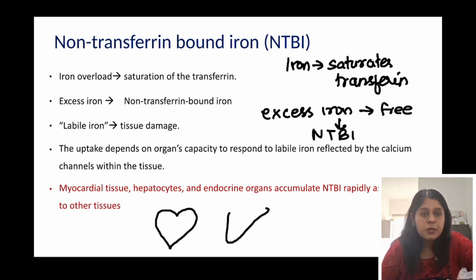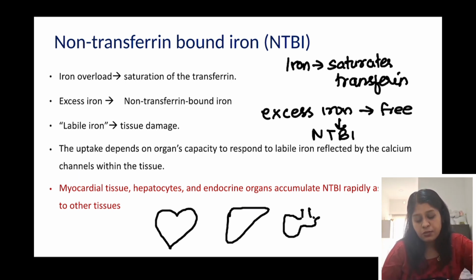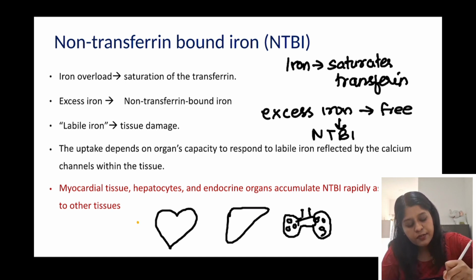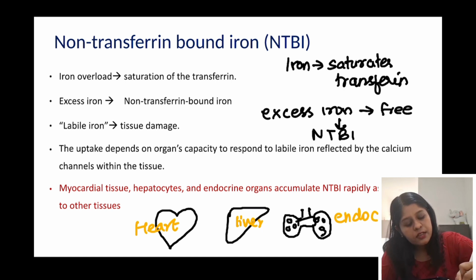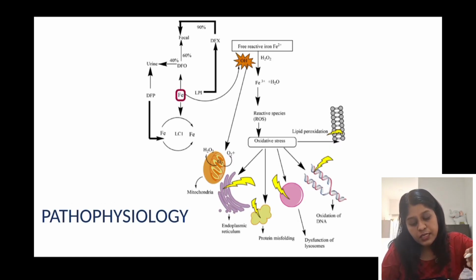The uptake depends on the organ's capacity to respond to the labile iron, which is reflected by calcium channels within the tissue. So myocardial tissue, hepatocytes, and endocrine organs accumulate the non-transferrin bound iron. The major organs affected are the heart, the liver, and the endocrine organs.